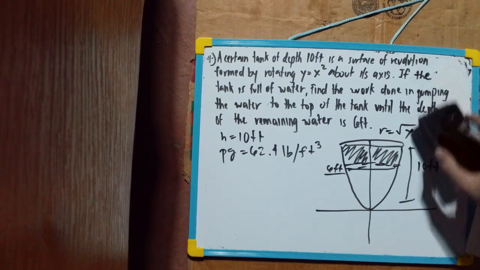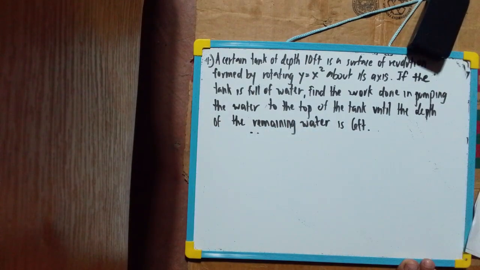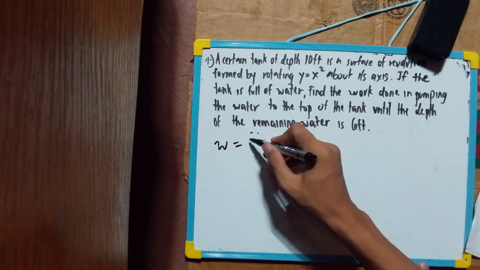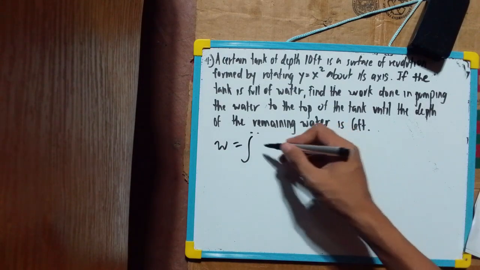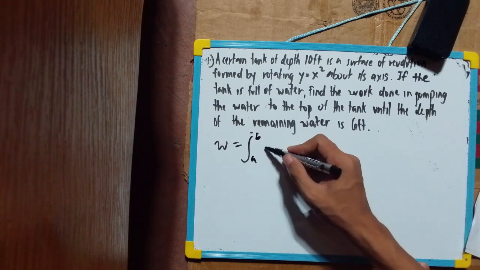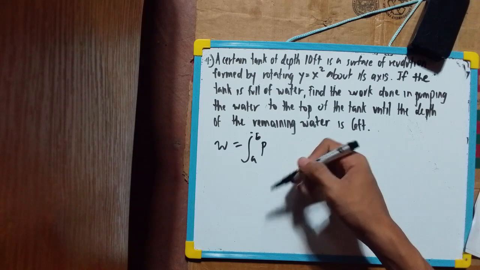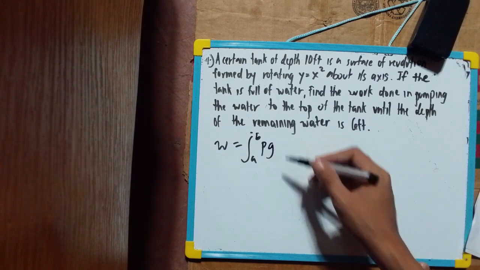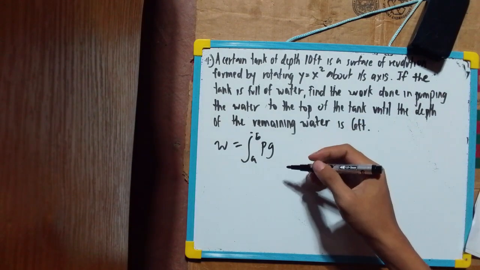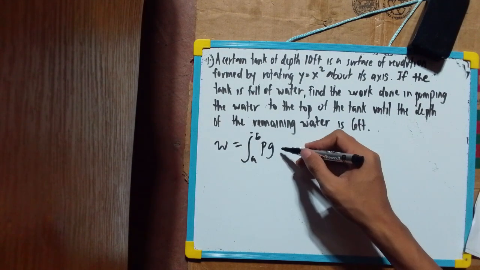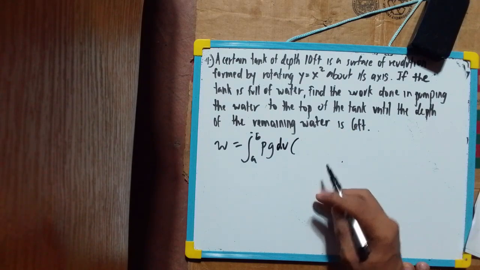So the formula we're going to use is the formula for work, which is given by the weight density times the derivative of the volume of the tank times the height minus y.